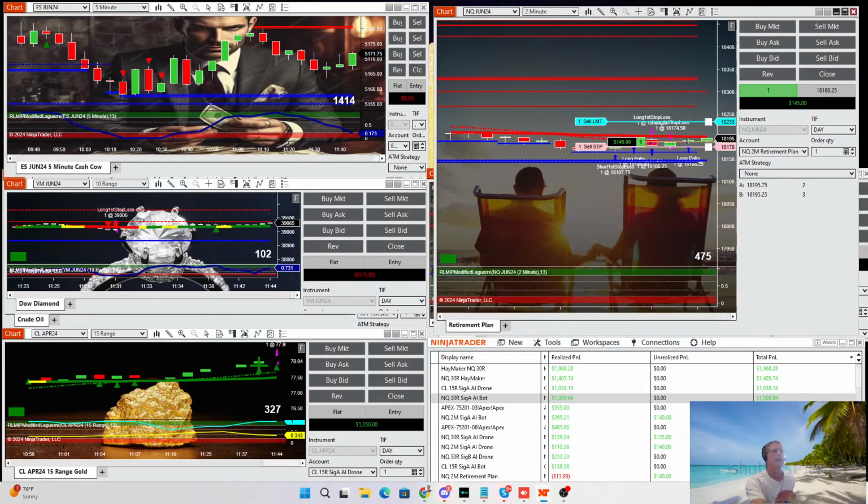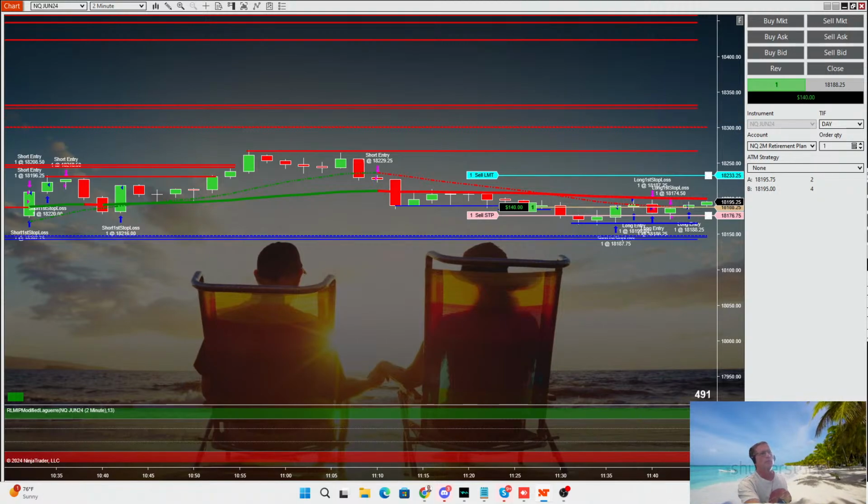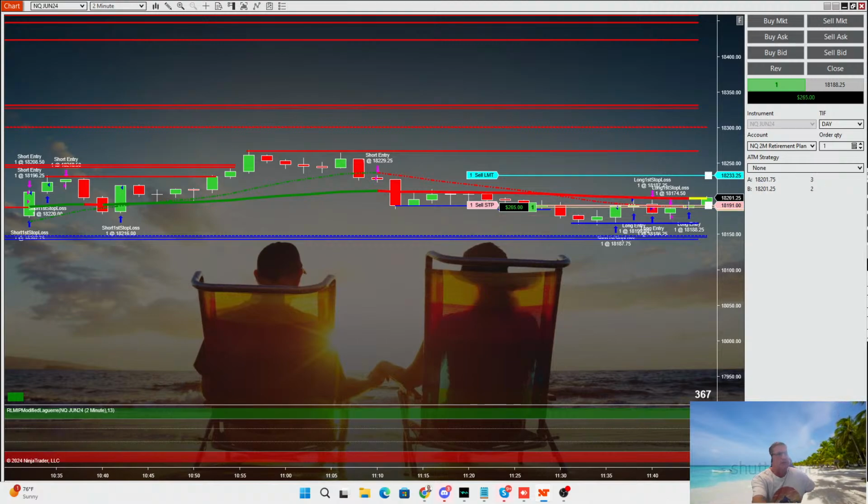Looks like we're back in another trade here. Really great volatility. The Signal A strategies today were the ones to trade. My stop is at plus 10 right now, so there's no risk on this trade. All we have is an upside.